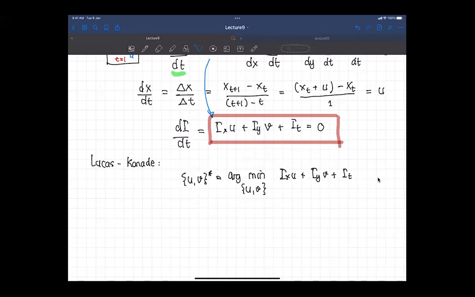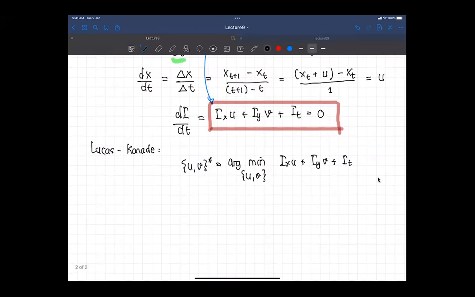Or if you use min, then we can say the min of E(U, V) with respect to U and V equals the equation here, Ix U plus Iy V plus It.